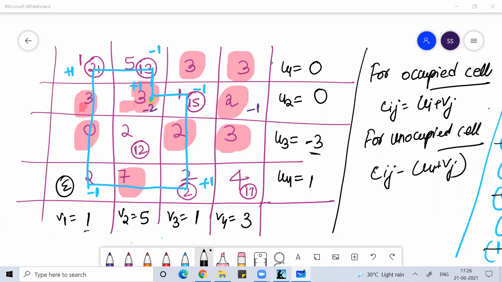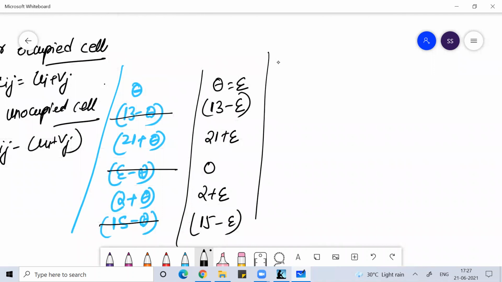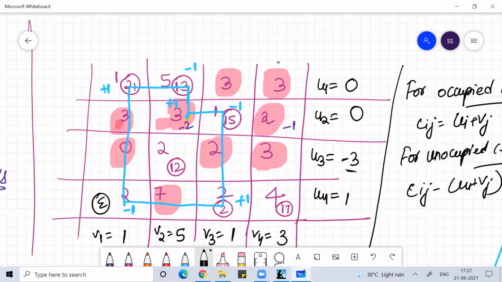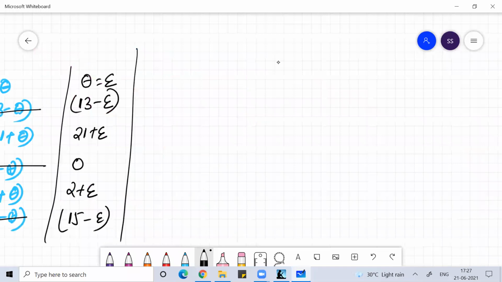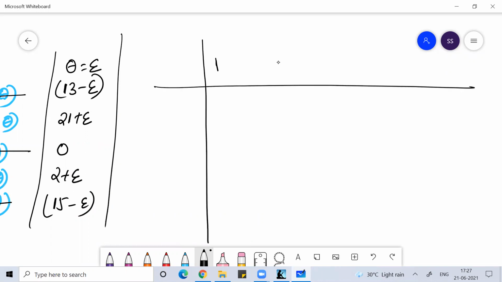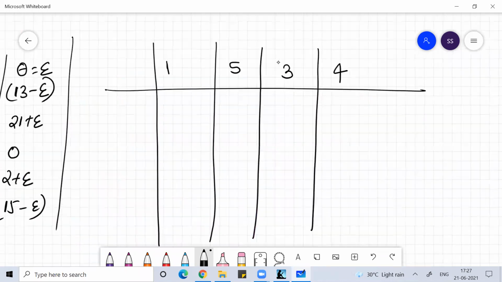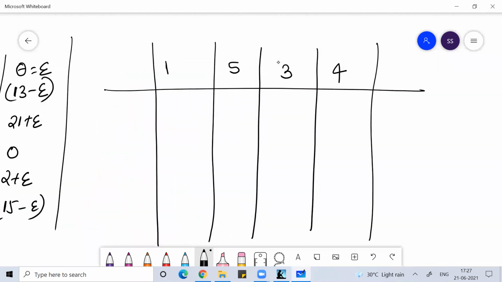Okay, so now if you see this, so this is one. Now let me just simply write down the elements first. 1, 5, 3, 4. 1, 5, 3, 3, 4.